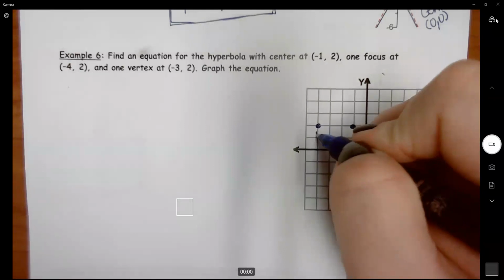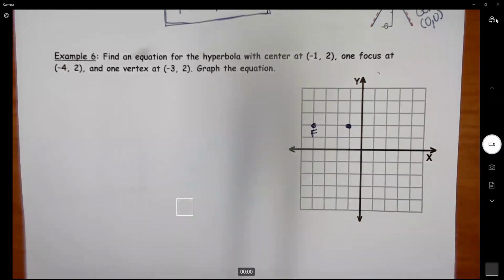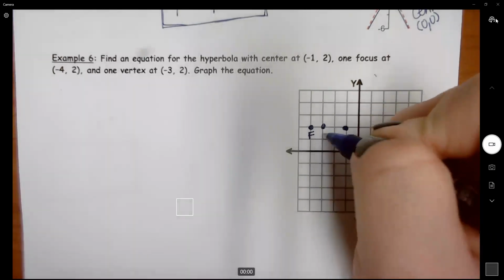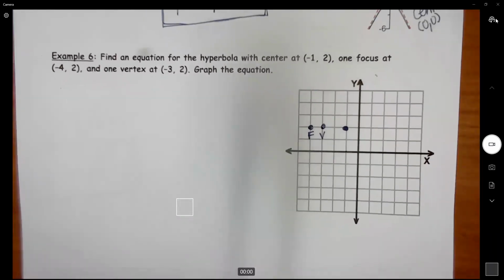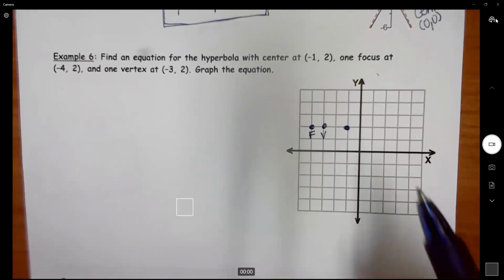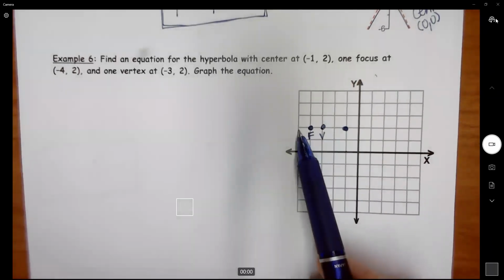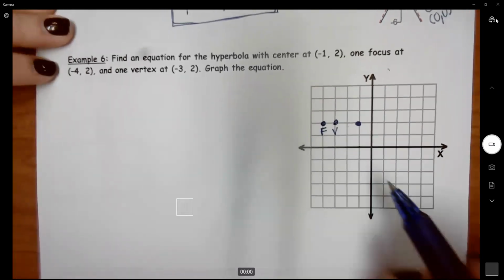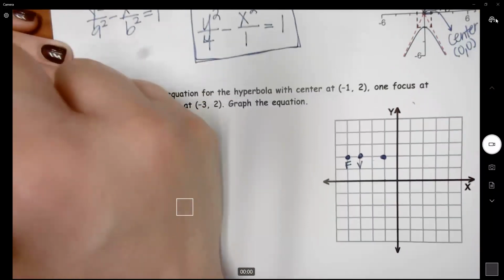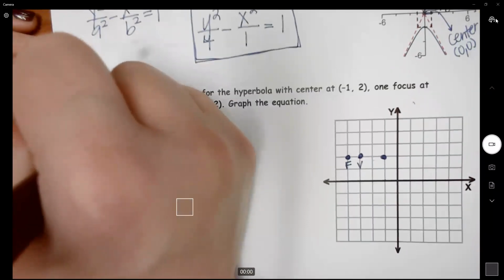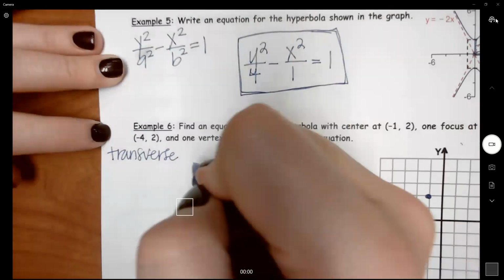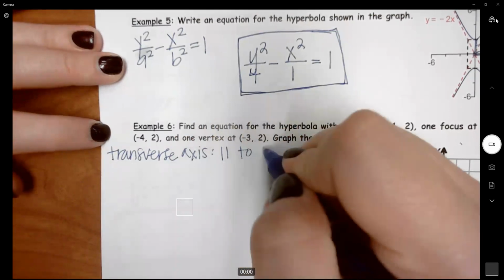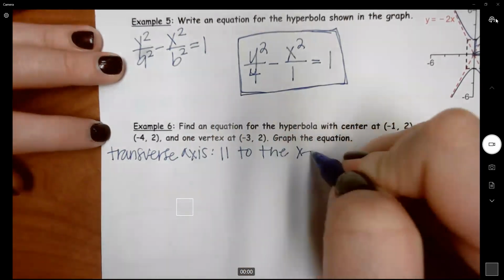I'll label that F. And one vertex is at (-3, 2). All right, so I can see my center and my vertex right here. Those all need to be on the same line. So that means my transverse axis is parallel to the x axis.